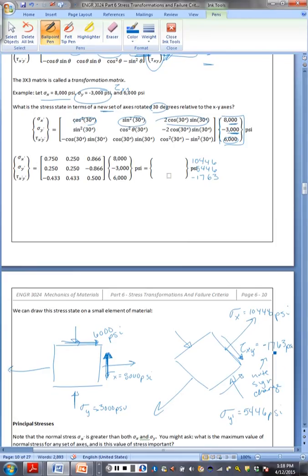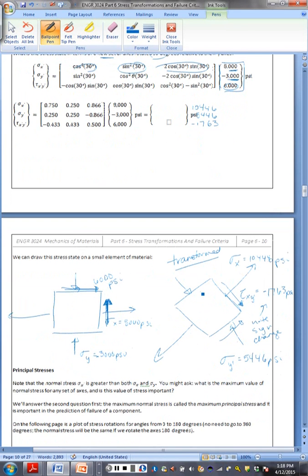So over here is our transformed state. Our sigma x prime is 10,000 and something. That's larger than our original sigma x and sigma y that were 8,000 and 3,000.